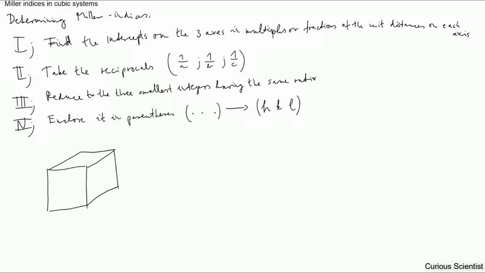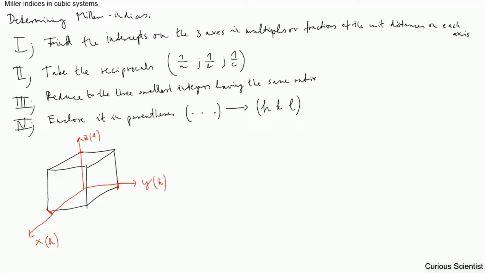Let me draw the three axes in red. Each of these distances at this corner is 1 because it's a unit cell. And then let's call this X, Y and Z, or L, K and H.